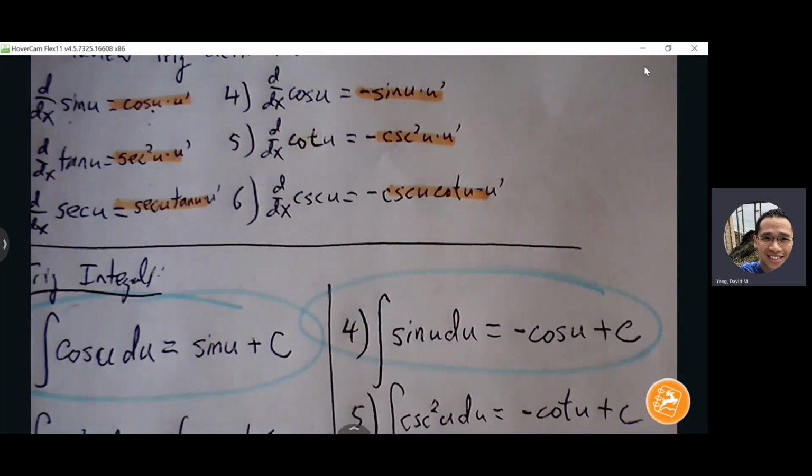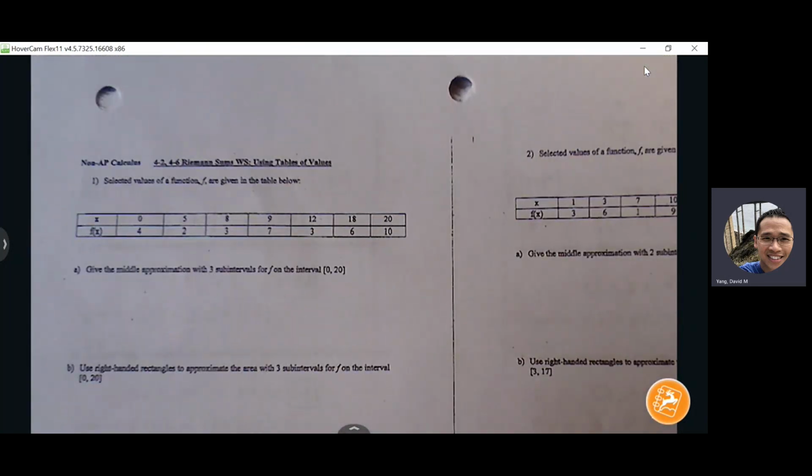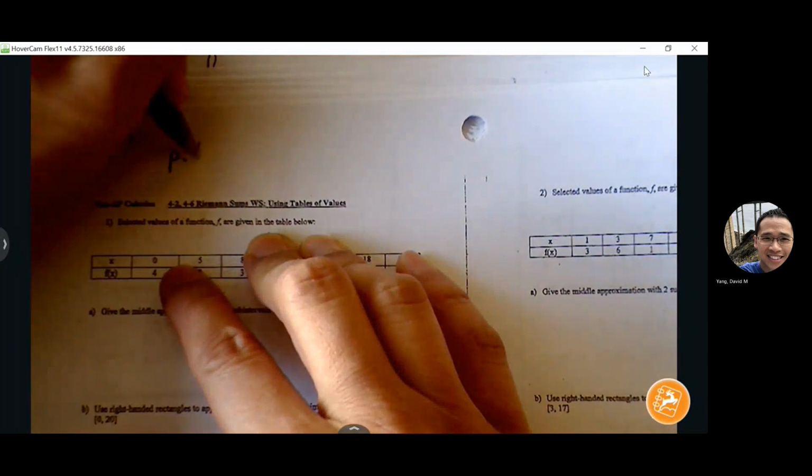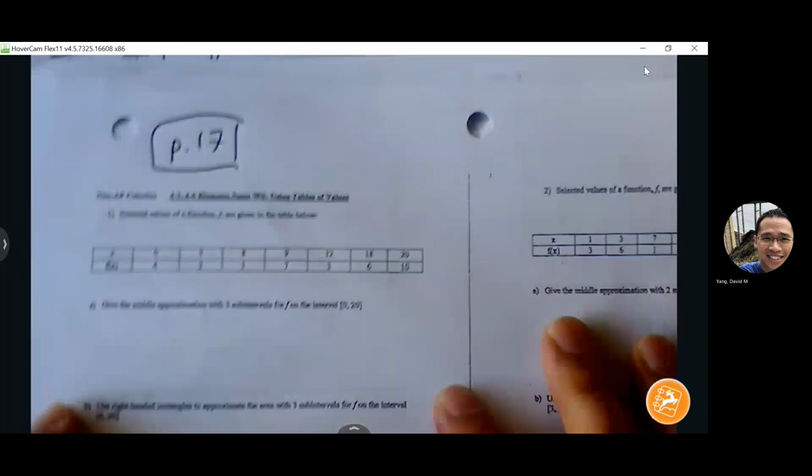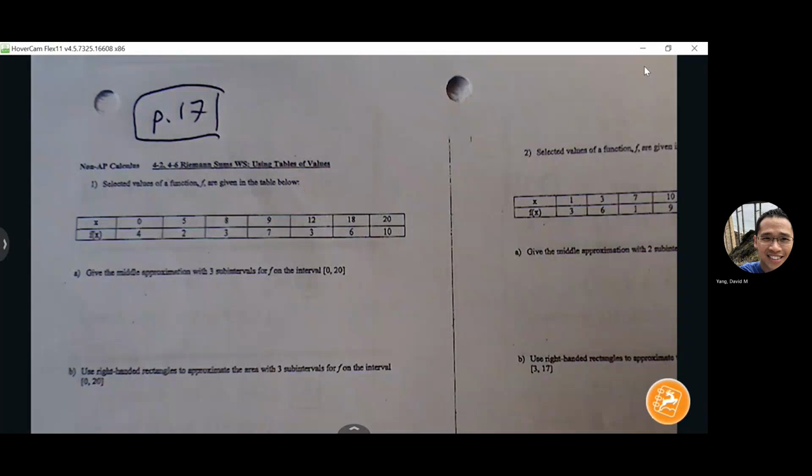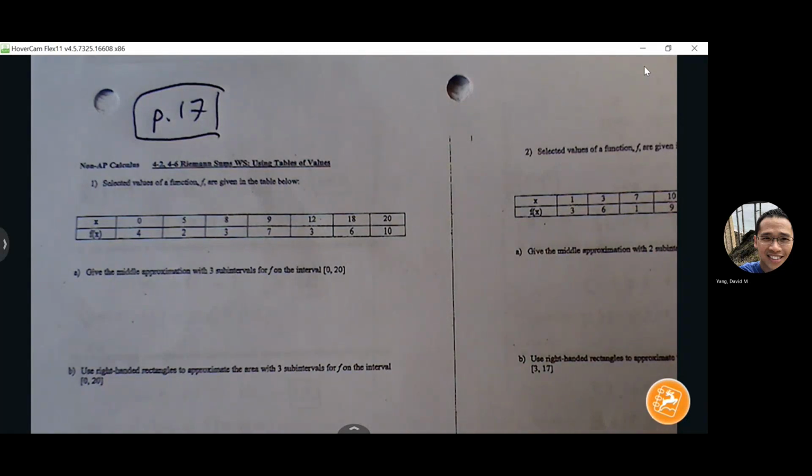Let me see. Okay, let me go to page 17. I just want to intro this a little bit, and then I will. Page 17.